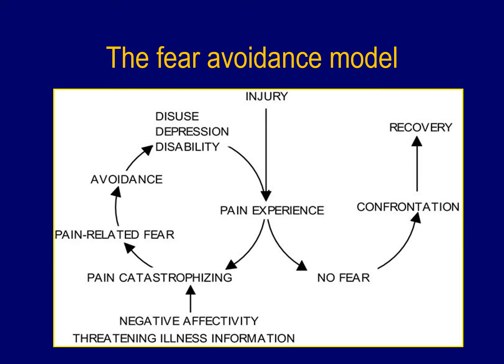However, if they follow the pathway on the left, we begin to see pain that causes catastrophizing behavior. They develop fear. They develop avoidant behavior. We mentioned it, that pathway is maladaptive. And we begin to see disuse that leads to disability and depression.